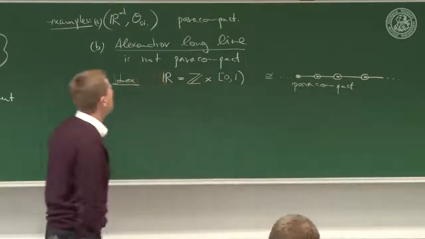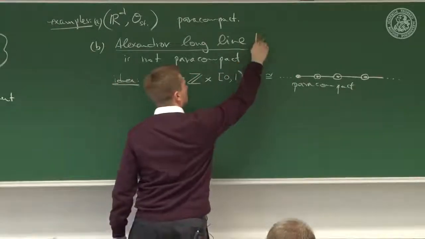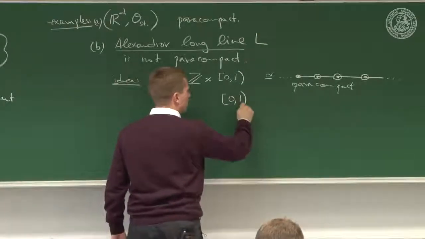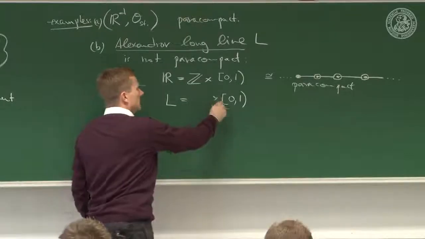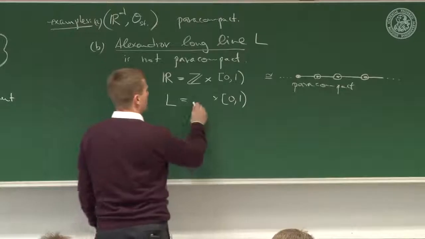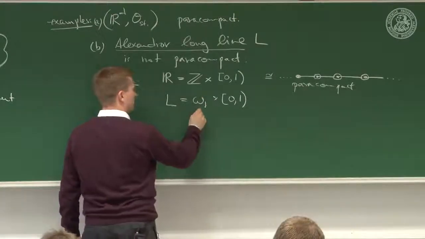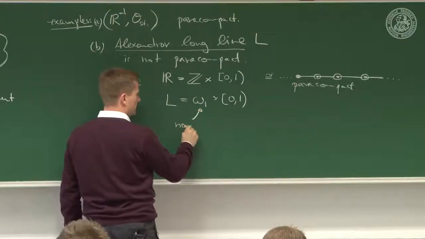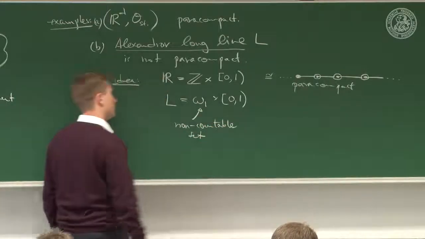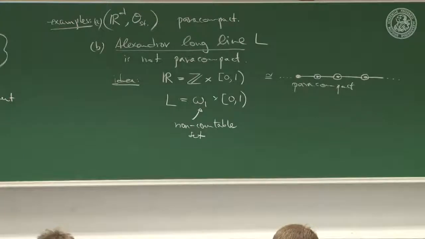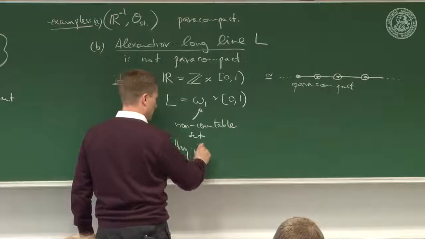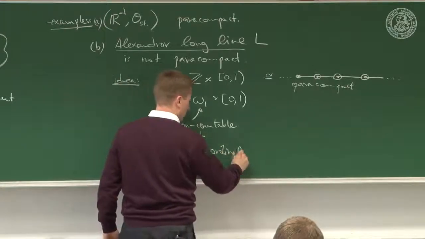So the idea of the long line, let's call it L, is taking this interval, but not countably often to get the reals, but uncountably often. So this is a non-countable set. And this is from the theory of ordinal numbers.